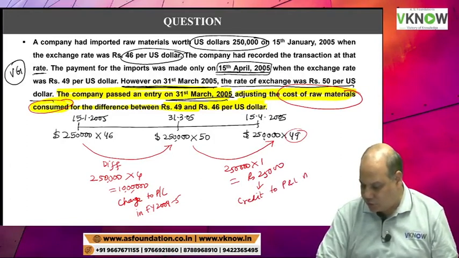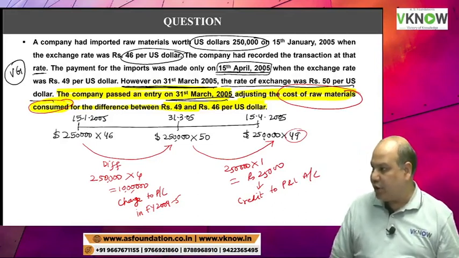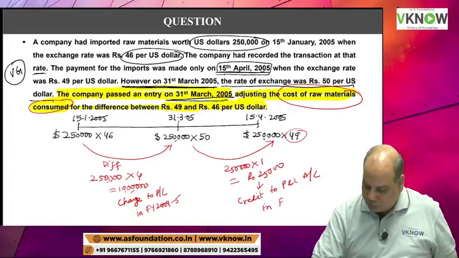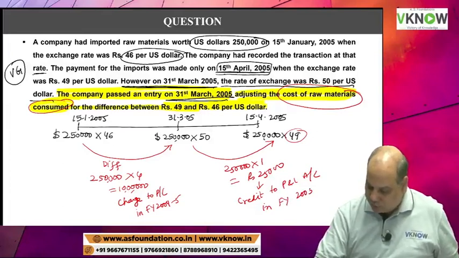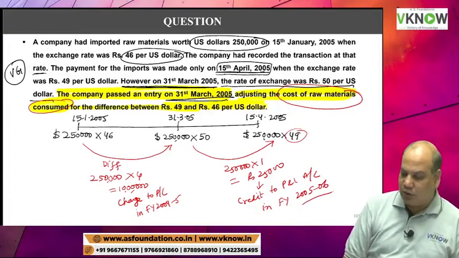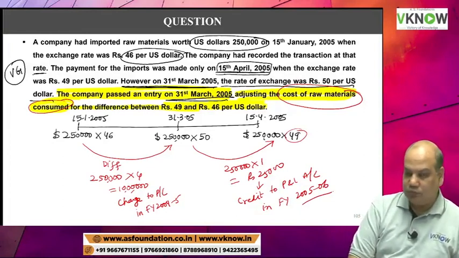Exchange rate has gone down. You will credit to P&L account in financial year 2005-6.